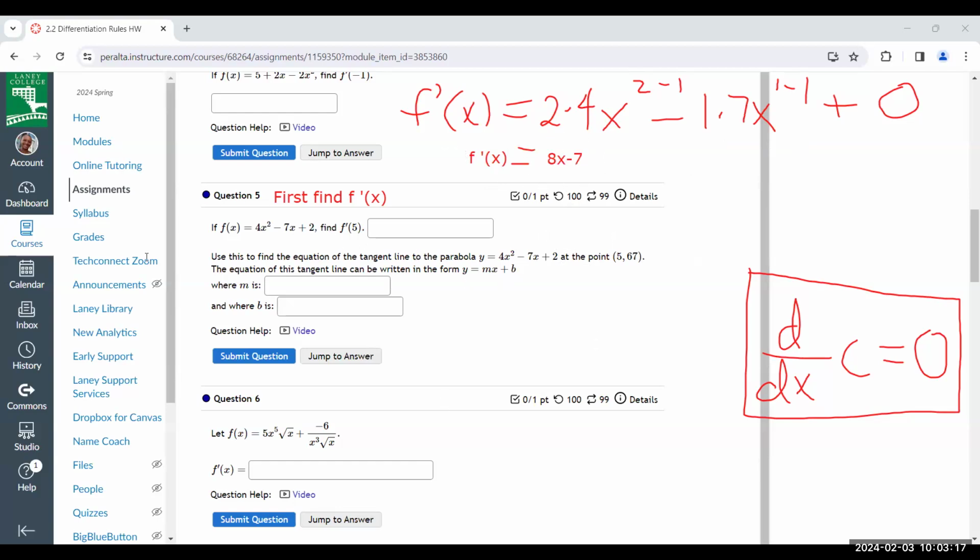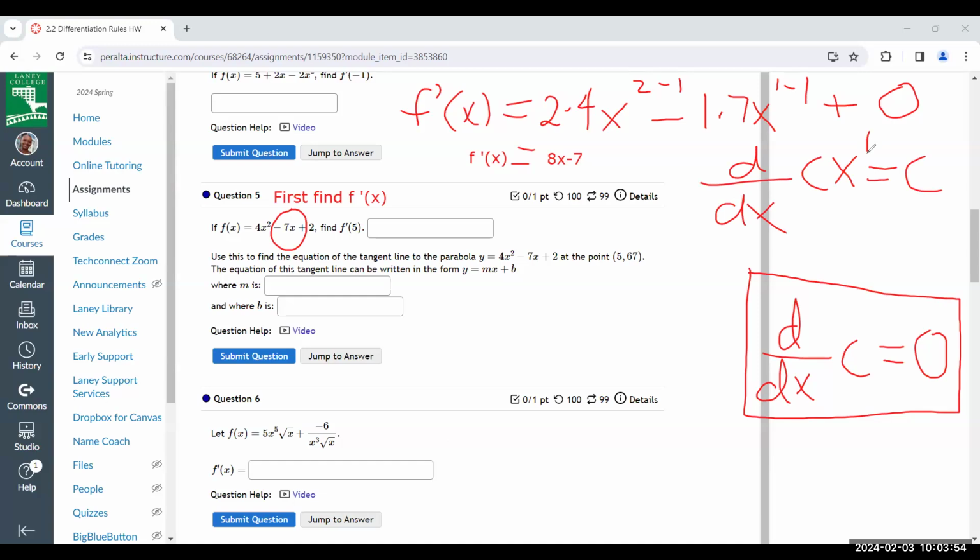So when they ask us to find, which, you know what, before I talk about that, let me just say one other thing. You don't have to, but a lot of people just do this in their minds kind of naturally. You can think of us as having seen a new rule, just that if you have the derivative of a constant times x, like the -7 times x like we had, that derivative is always just going to be the constant itself. Because if you use the power rule on just x, it's like x is raised to the first power, right?